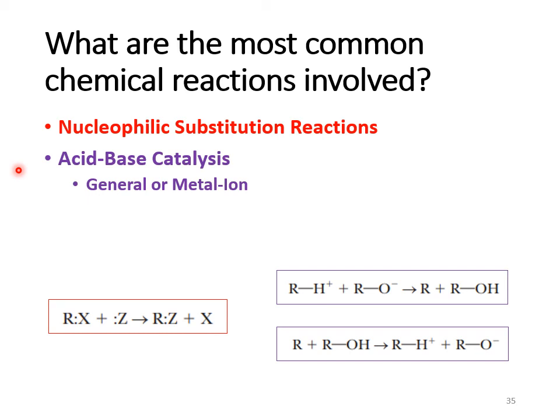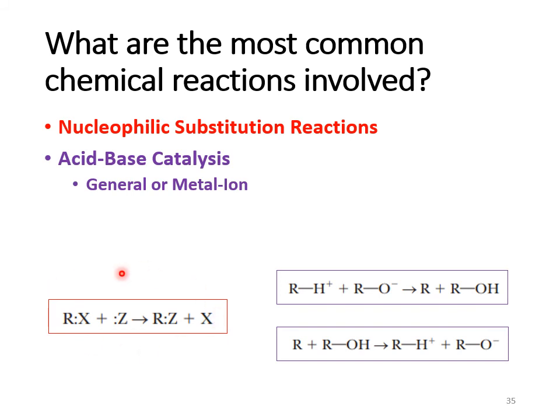So on this slide, I start off by asking, what are the most common chemical reactions involved? Okay, when we're looking at the nucleophiles and the electrophiles. The first reaction that you see here are nucleophilic substitution reactions, and that's shown in this demonstration right here.